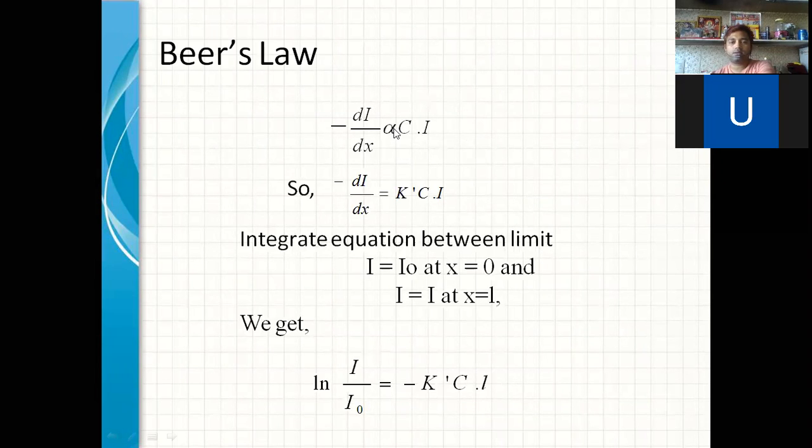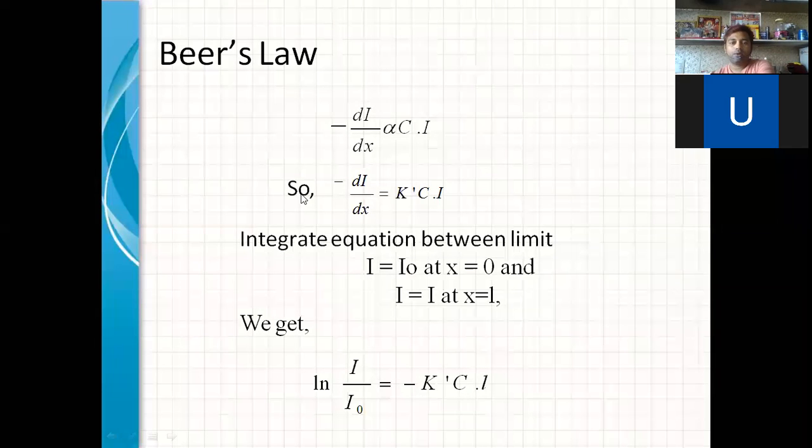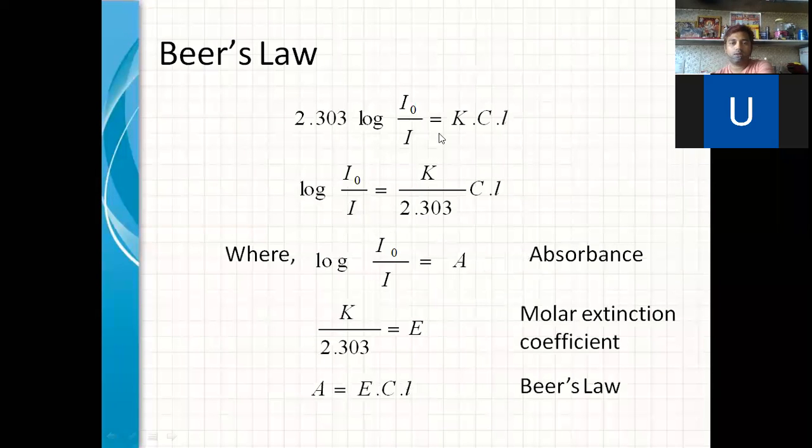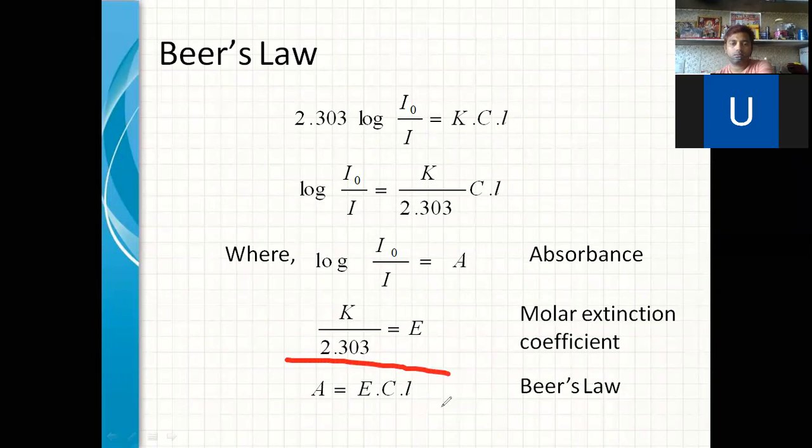Then minus dI by dx is proportional to C into I. C is concentration, I is the intensity of incident light. So minus dI by dx is equal to K prime CI. Integrating, we get this equation. Then solving, we get this equation. This is Beer's law.